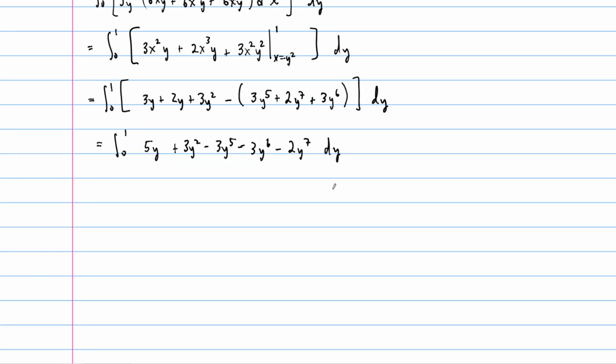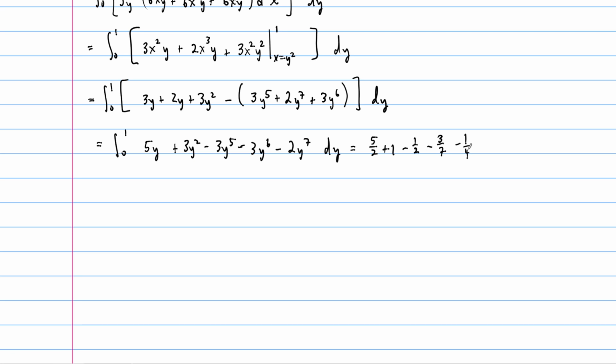So this one is just from 0 to 1. We just have to very carefully integrate this, and we'll end up with some terms in terms of fractions here, right? So we'll end up with 5 halves, just plugging in 1 and 0 as I go here. 5 halves plus 1, right? So plus 1, and then this is going to be minus a half minus 3/7 minus a quarter, and that's it.